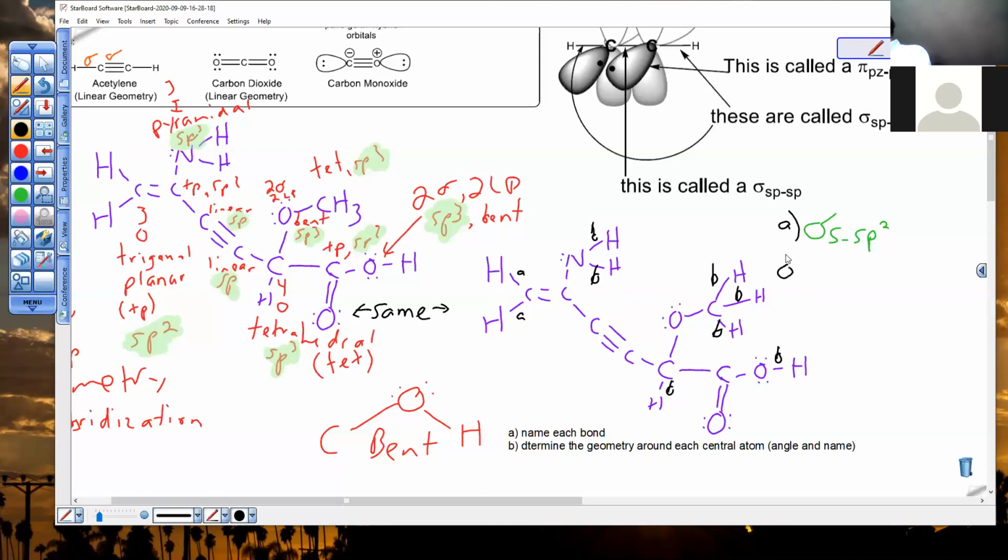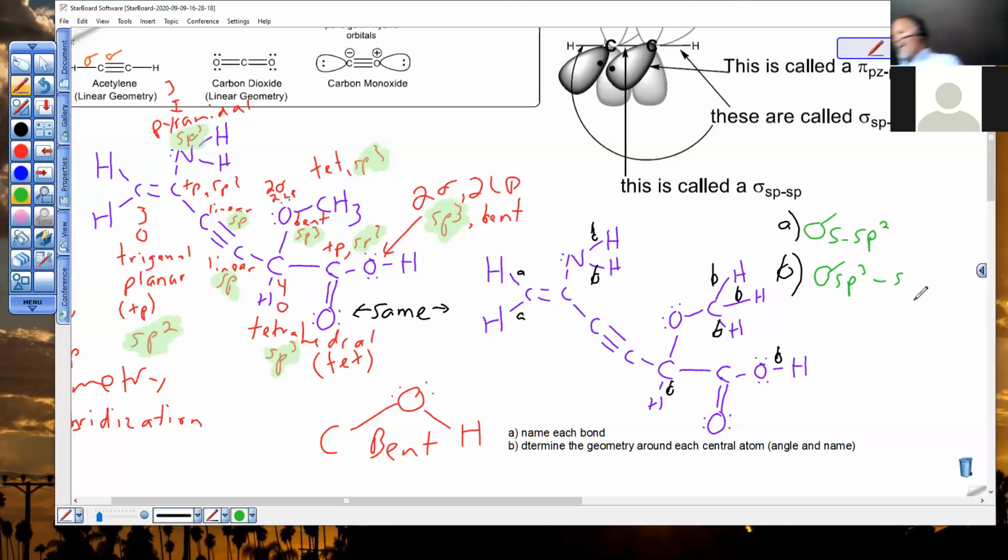And B is similar to A, but it's a sigma. Now I can go with the hybridization on carbon first, just to show you it doesn't matter which one you put first, as long as you have both parts after the sigma. All sigma between an sp3 atom and an S on hydrogen. And that takes care of the H's. We don't have any H's attached to an sp atom.